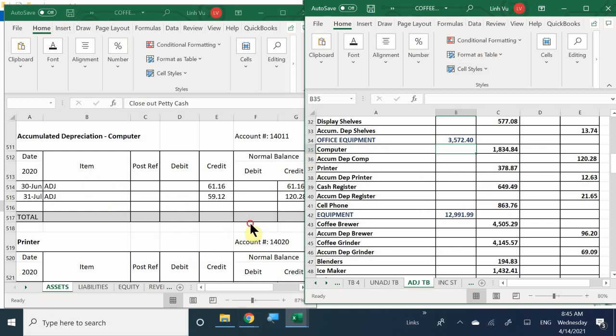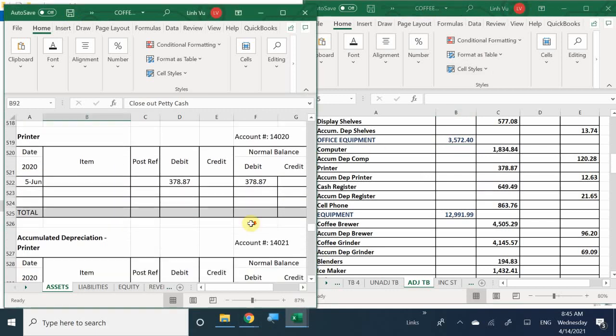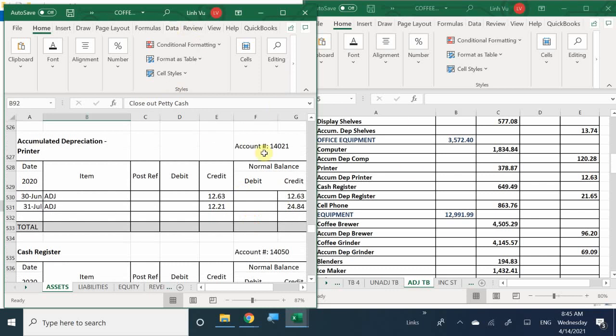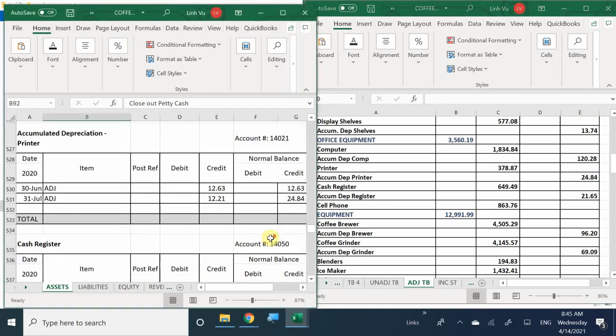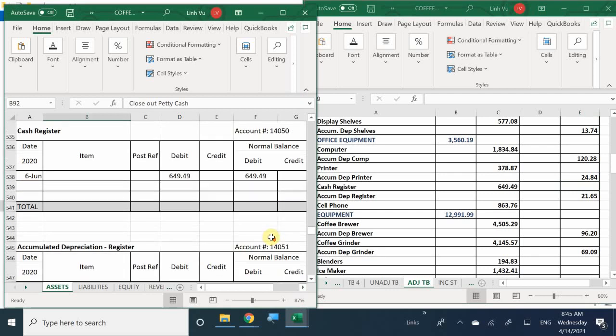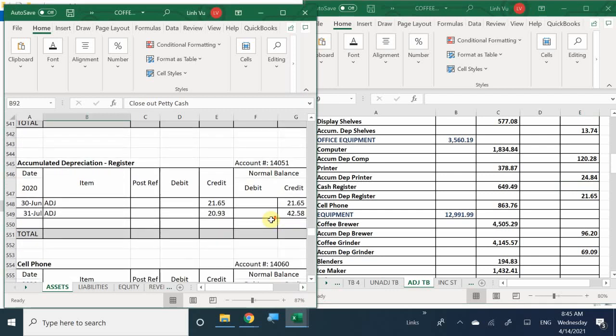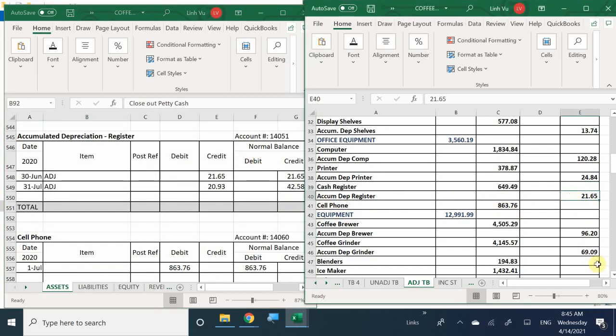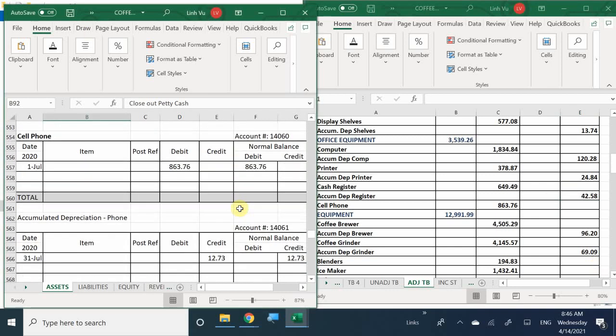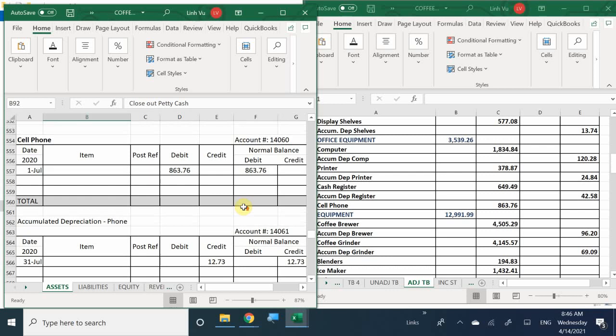So next we have our printer. Printer should have stayed the same, but the accumulated depreciation of my printer is now 24.84. Okay. And then same thing with my register, except my accumulated depreciation now for my register is 42.58. Okay.